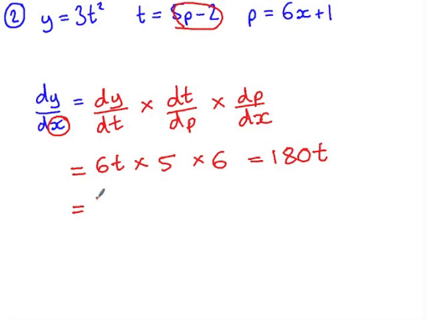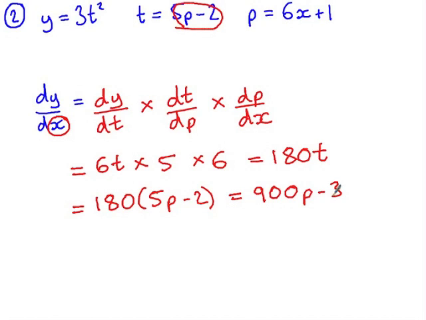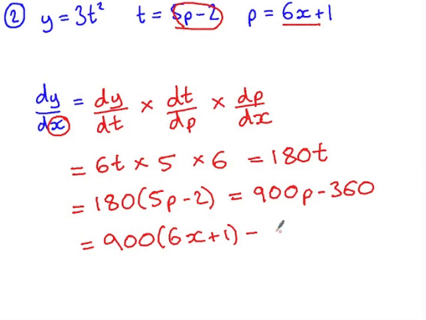So 180t is 180 times 5p take 2, which is 900p take 360. And then p is given in terms of x, so this is 900 times 6x plus 1 take 360.